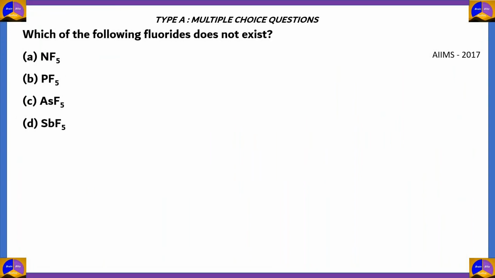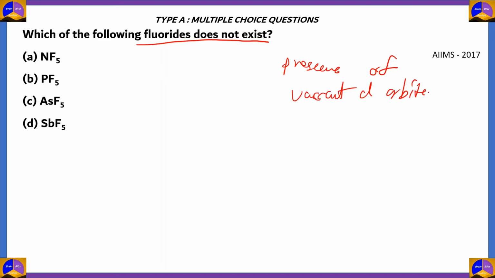Let's look at this question. Which of the following fluorides does not exist? Is it A, NF5, B, PF5, C, AsF5, D, SbF5? Well, let's look at our options. In order to have a pentafluoride, you need to have the presence of vacant d orbital in the valence shell.